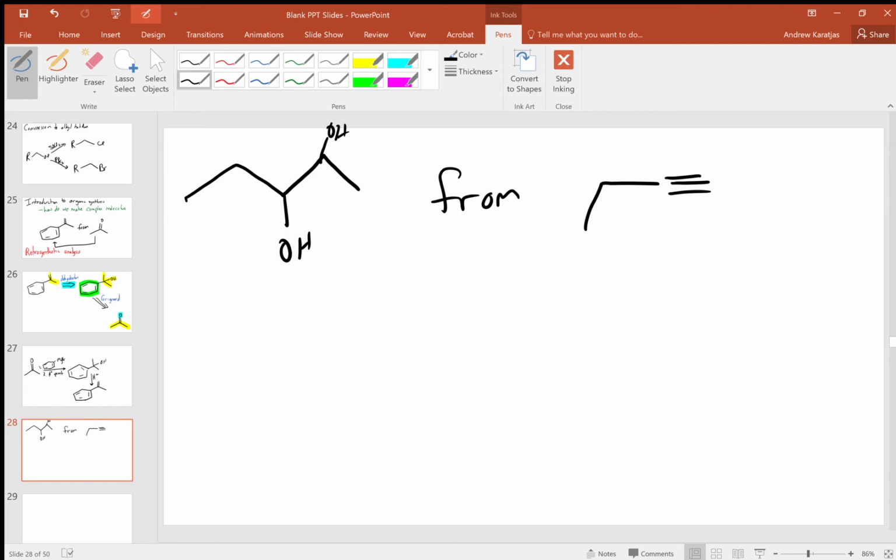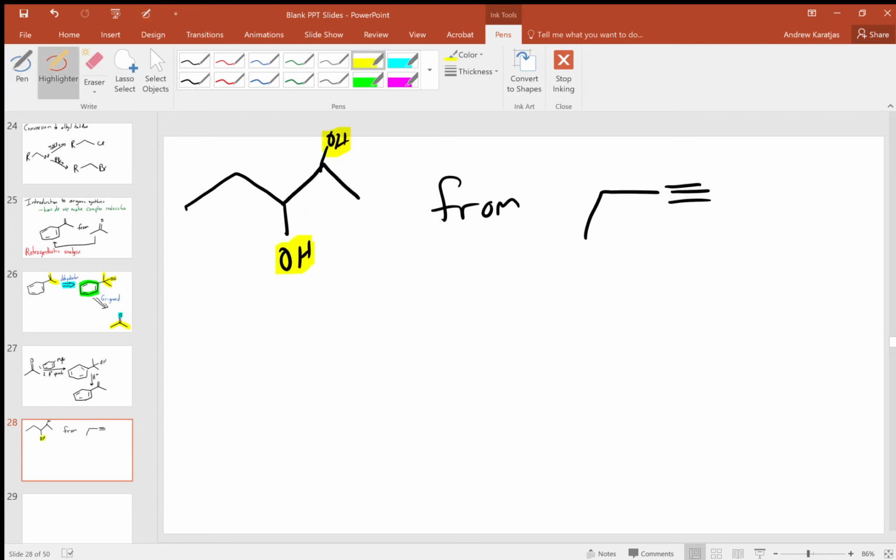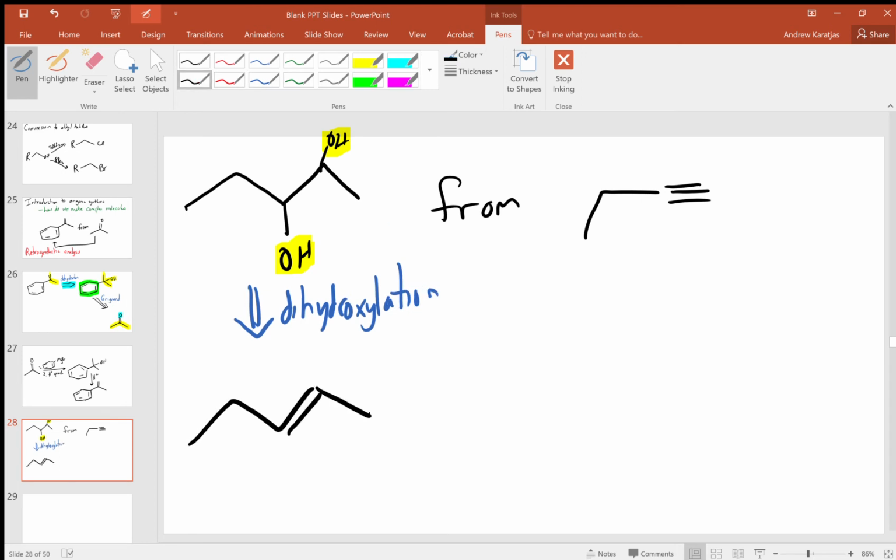And so the first thing I see looking at this product is we have this diol. Not a lot of ways that we know of to make a diol. And probably the easiest way to make a diol that we've learned is to do a dihydroxylation reaction. A dihydroxylation takes an alkene and adds alcohols to both carbons.